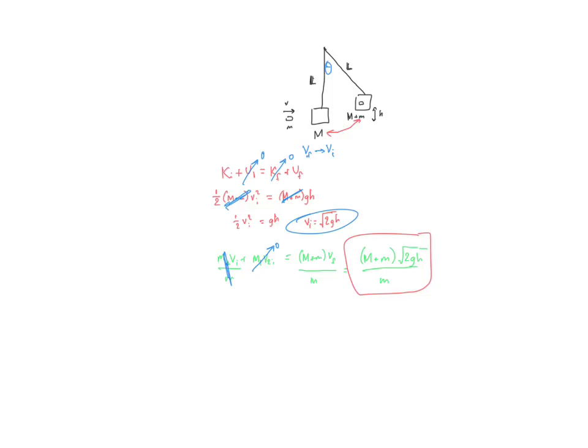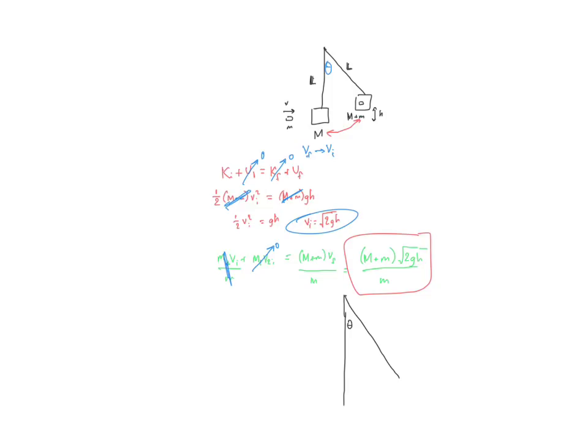So I'm going to try to get H as a function of theta. So if I just redraw this picture down here and blow it up a little bit. This is when the string is vertical. This is when the string is slanted at where it says the maximum height. This angle is theta.